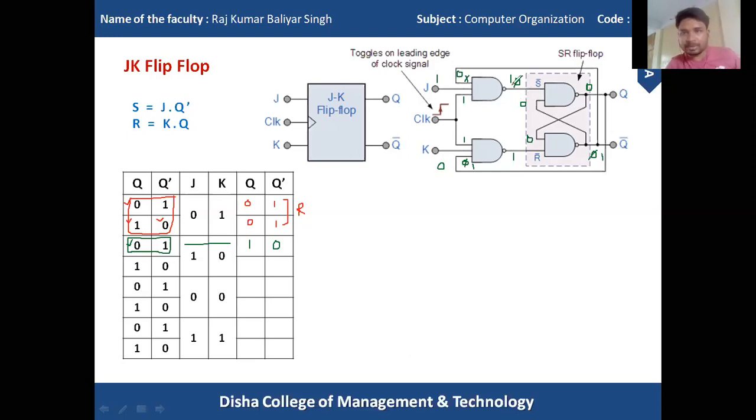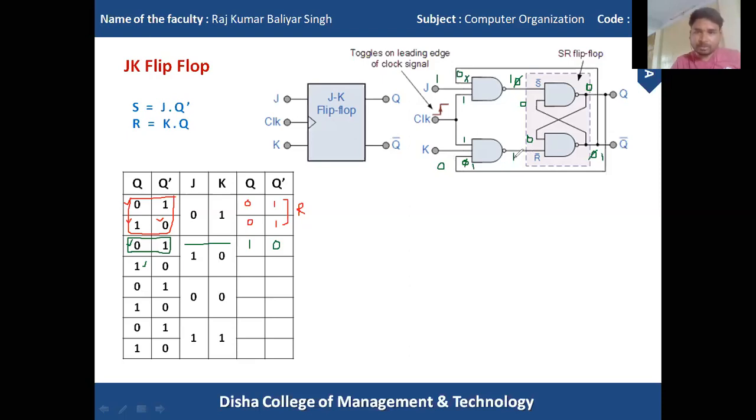See, we check it. When j equals 1, right, j equals 1, and we say q equals 1. Now q equals 1 and k equals 0. So 1 0 1 is supplied, that becomes 1 here, and 1 0 1 supplies 1 here.